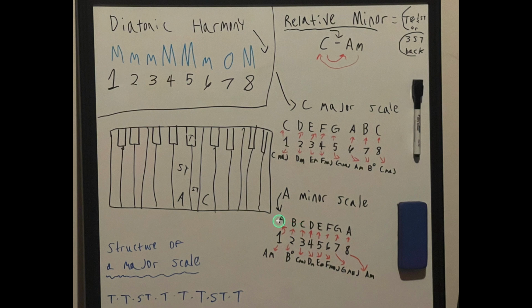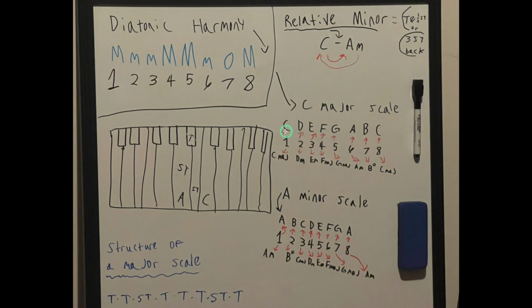We have the A minor scale, which is A, B, C, D, E, F, G, and then A as the octave. And you see how they have the same notes. It's just ordered differently. Okay, and that's just to show you guys the reason why we use it.